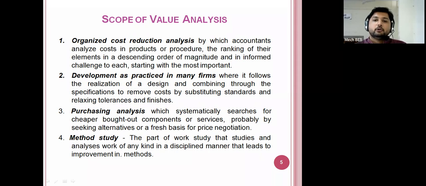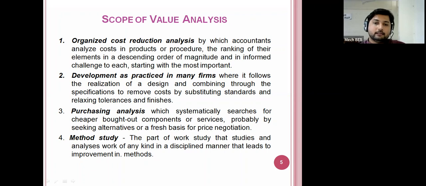In many firms it is realized that the design prepared by the design department does not actually happen, or the materials are not available. So sometimes the standard parts are substituted, and you can consider some tolerances in the design and their finish level also.